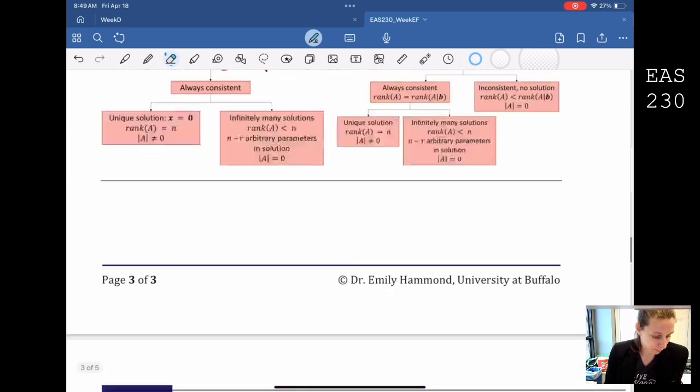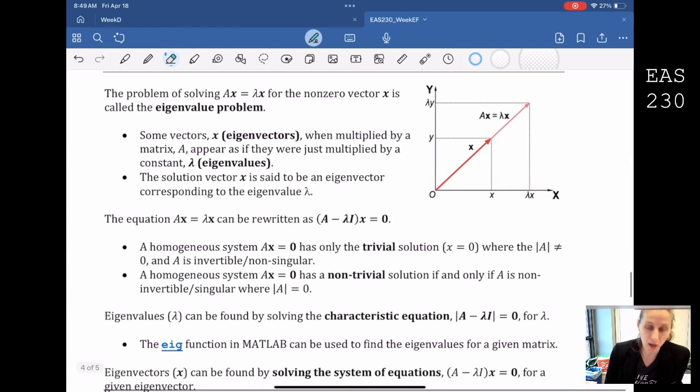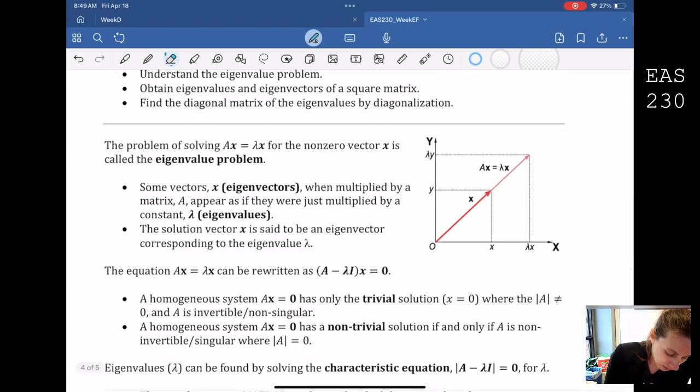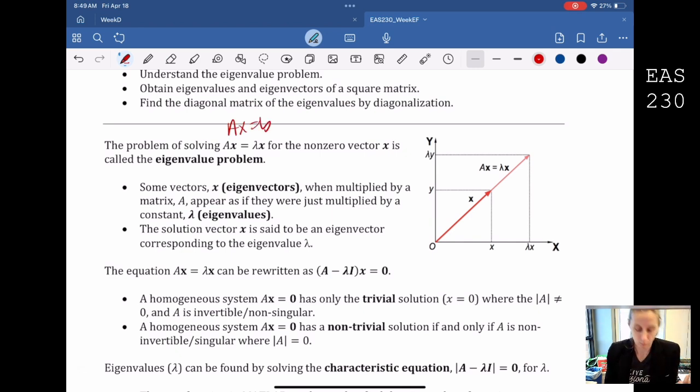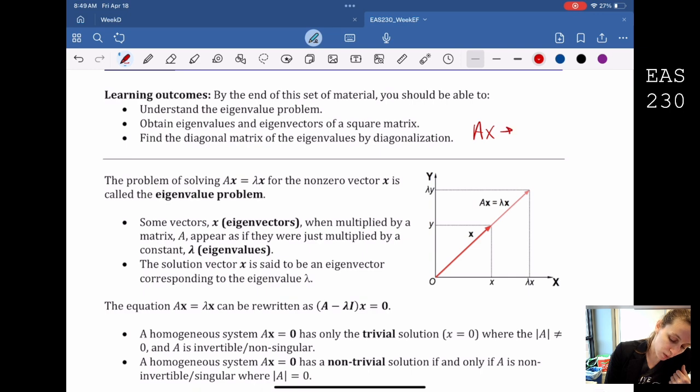Okay, last topic, eigenvalues and eigenvectors. So thus far, we've been working with AX equals B. Okay, now we're going to change this side, where when we do A times a matrix, or times a vector, essentially what we're doing is we're moving that vector in space.